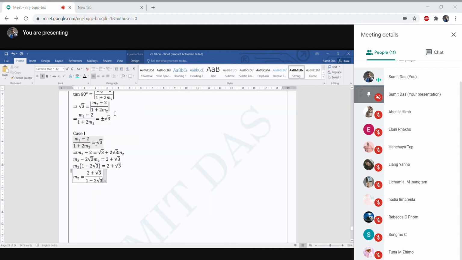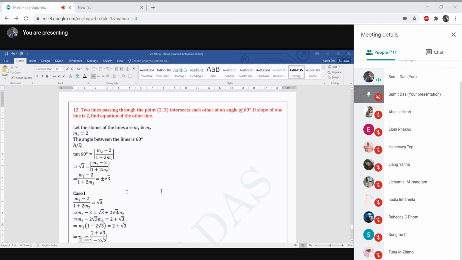Okay, this is case 1. Why am I saying case 1? Because there will be one other case when it will be minus. So we got this m2.